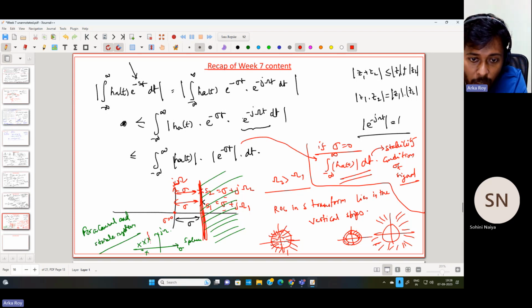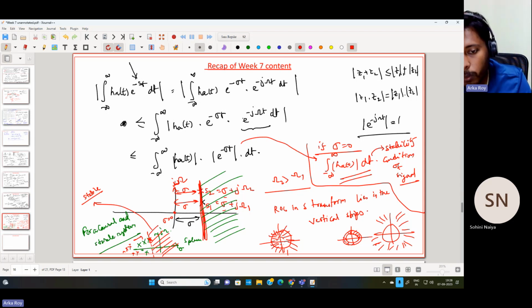So if this is the farthest pole, with poles residing over here also, the ROC will start from here. It encloses the j omega axis, which means it is stable, and from the pole positions we can see that none of the poles is in the right half plane. The poles reside in the left half plane, which ensures the stability of the system.